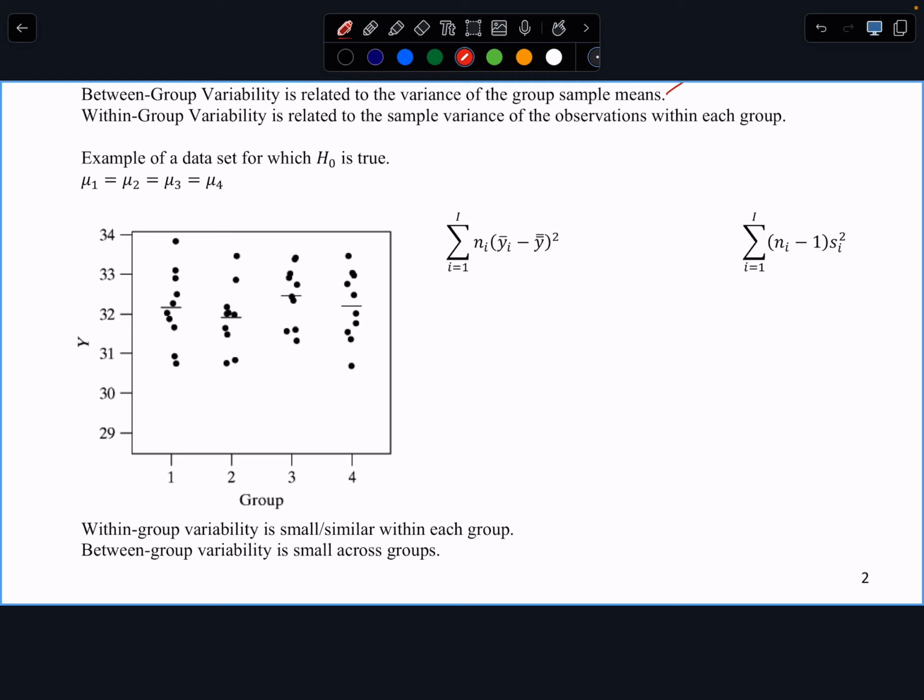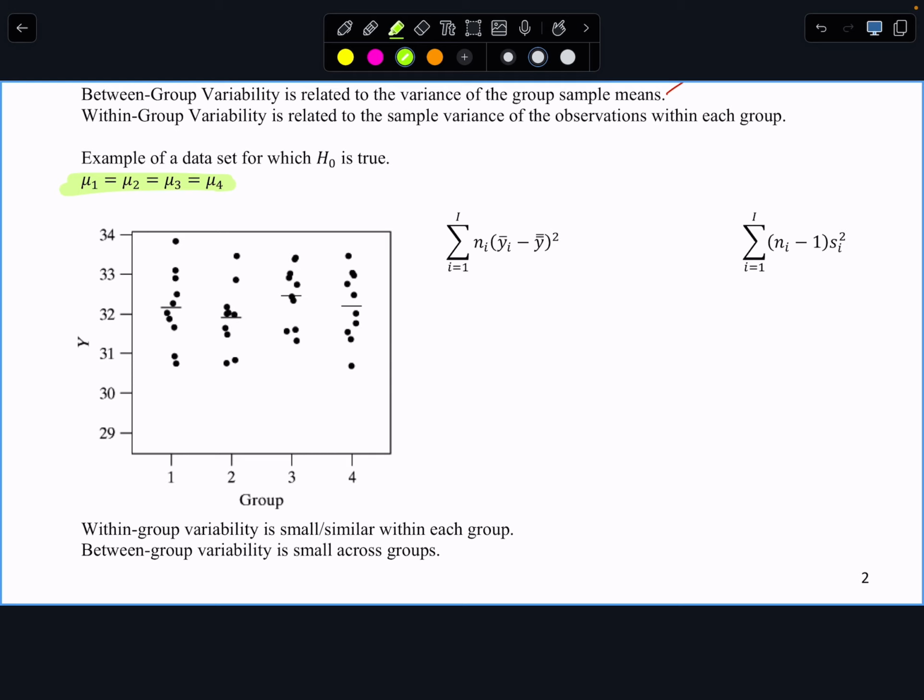In this first example, we simulated this data so that our null hypothesis is true. Here I have 4 groups: 1, 2, 3, 4. That means all of the population means that created this sample data are equal. I have vertical dot plots here.